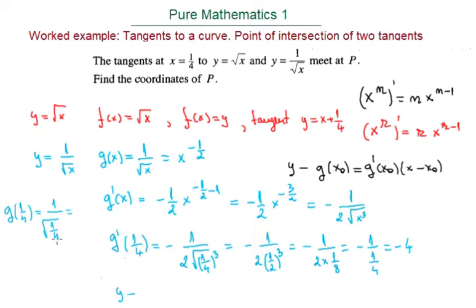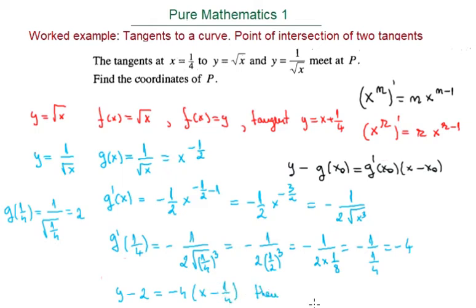The square root of 1 over 4 is 1 over 2, so 1 over 1 over 2 gives us 2. We get then y minus 2 is equal to g dashed of 1 over 4, which is minus 4, times x minus 1 over 4.